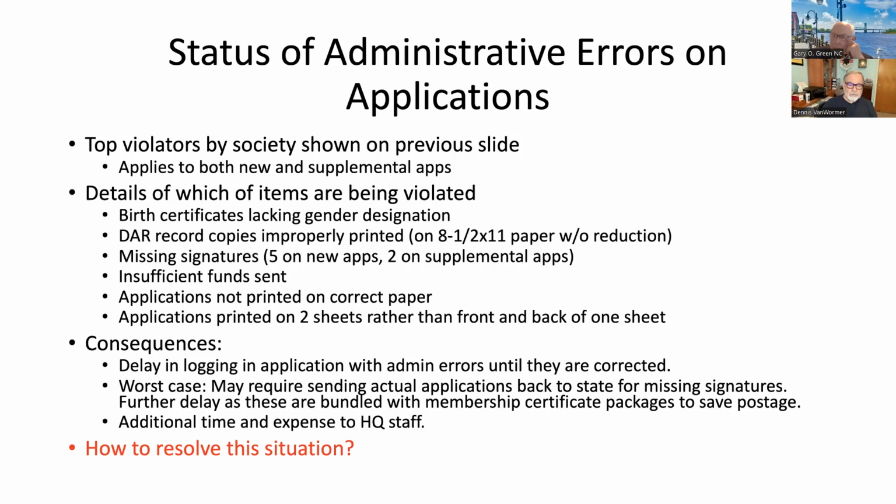It all means additional time and expense for the staff. They have to do extra work when they could be doing other work, some more mailing costs, and just general delay on the applications. So the real question for tonight is to start looking at how do we resolve this situation.